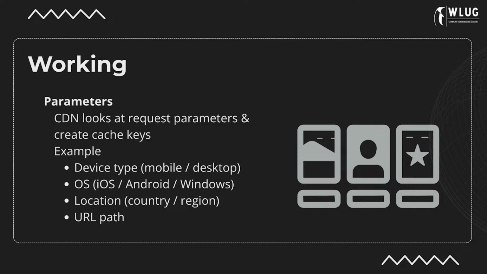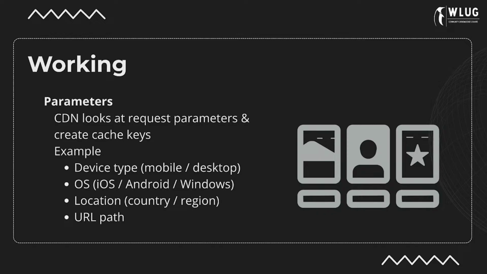We need to check parameters. So here, for example, we need to check parameters like what is the device you're accessing this website on. So when we're talking about Instagram feed, you're accessing it on your phone or your laptop, your tab, right? What operating system are you using? Are you using Linux? Linux is not an operating system, guys.